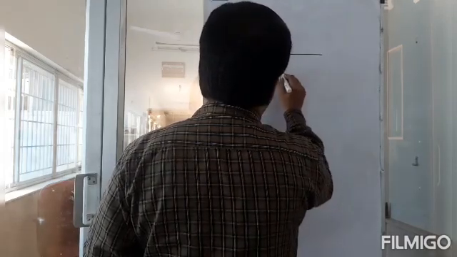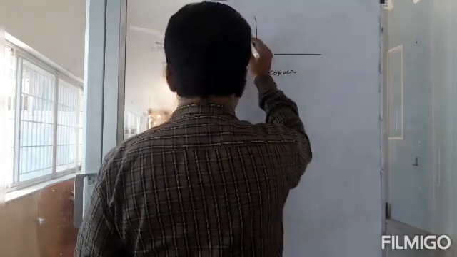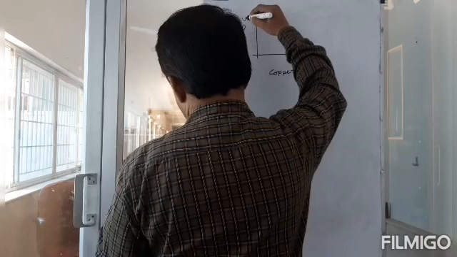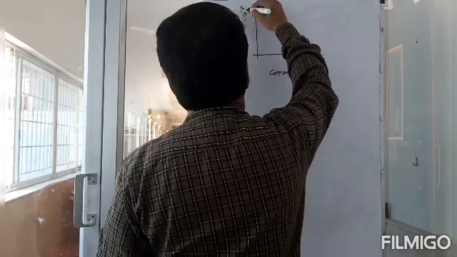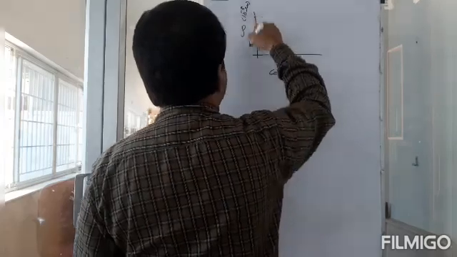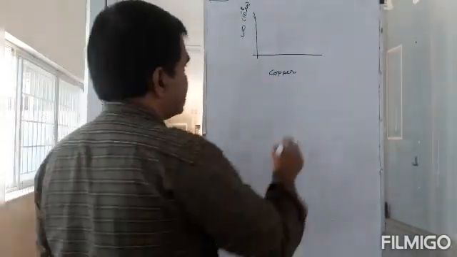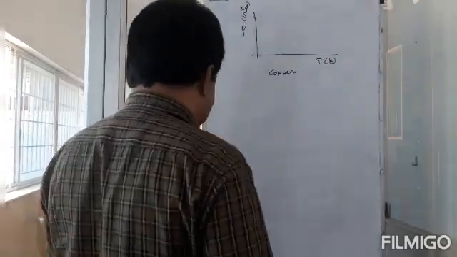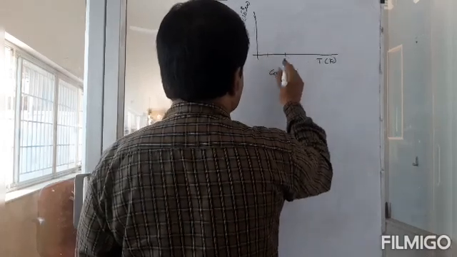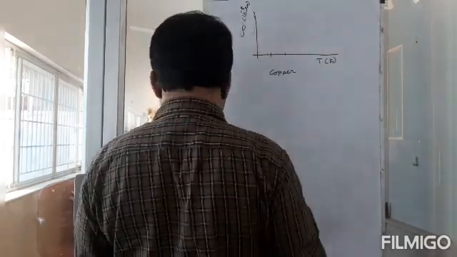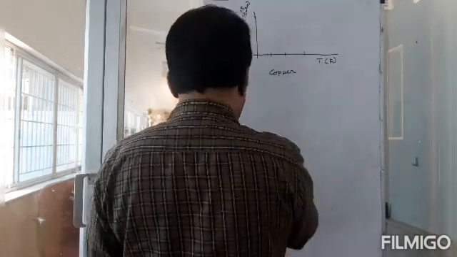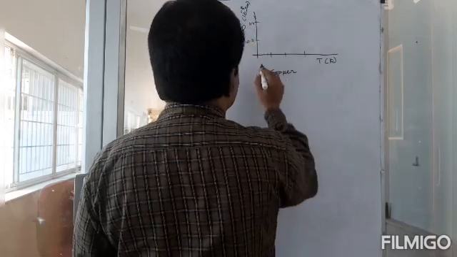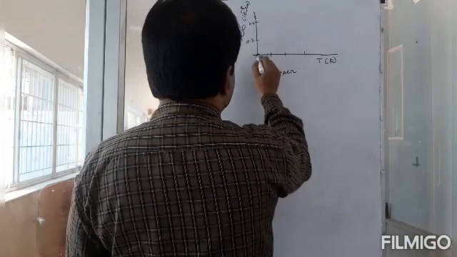Copper, rho on this side, in 10 to the power minus 8 ohm meter, and temperature is in Kelvin. So you have 50, 100, and 150 here, and then you have 0.2 and 0.4 here. The graph is like this.